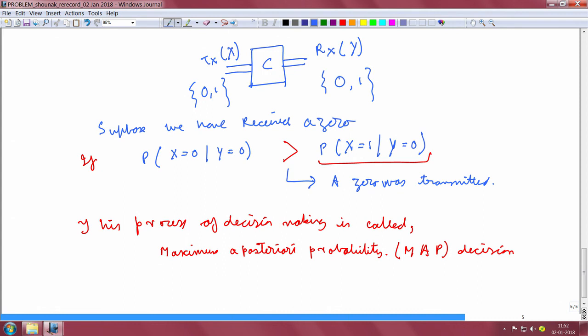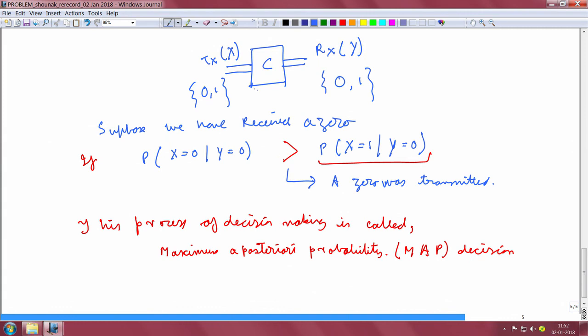We calculate the probability of x equal to 0 given y equal to 0, and if it is greater than the probability that x was 1 given we have received a 0, we decide that a 0 was transmitted, meaning an error has not happened. This type of decision making is called the maximum a posteriori probability, or MAP, decision.